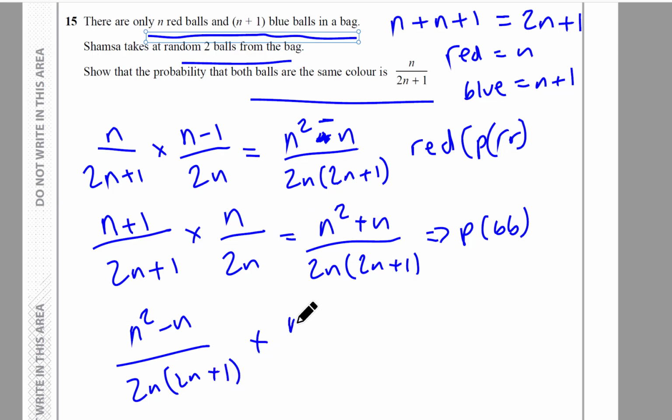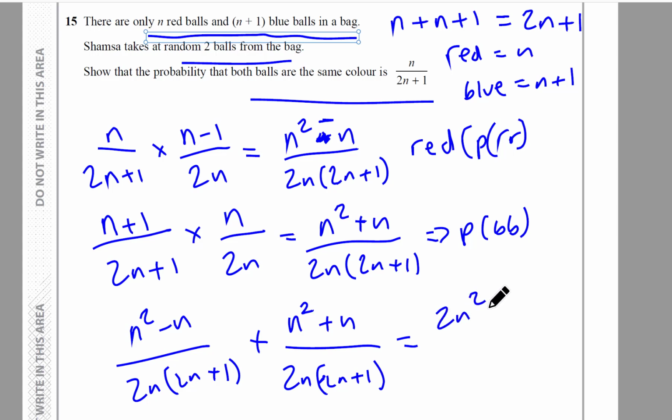Plus n squared plus n over 2n plus 1. So we're adding that together, so we're going to get 2 lots of n squared.